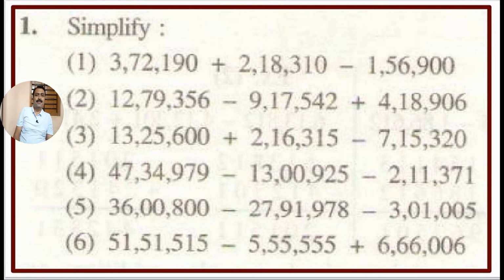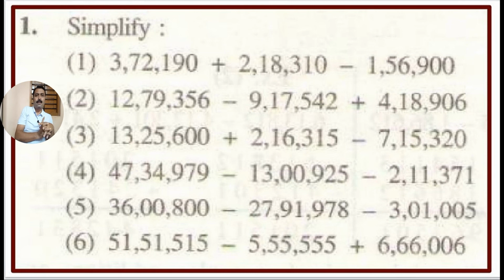If you observe these 6 examples, the question is given as simplify. First example: 3,72,190 plus 2,18,310 minus 1,56,900.